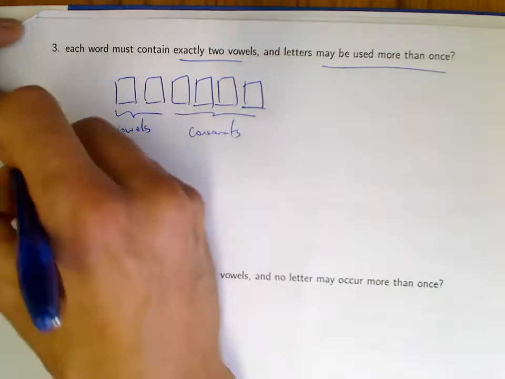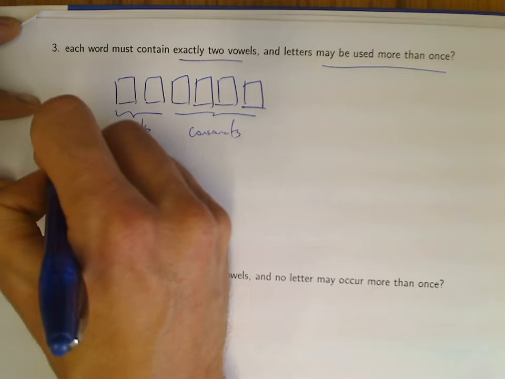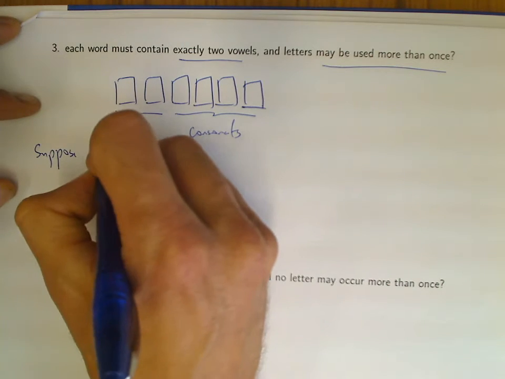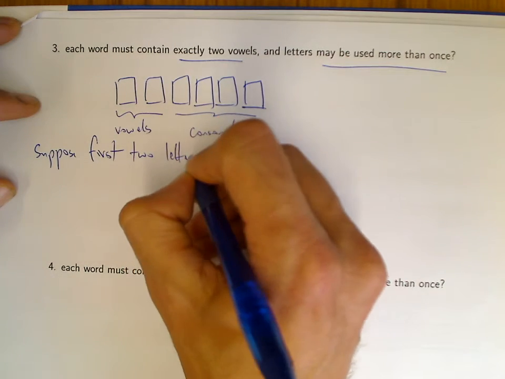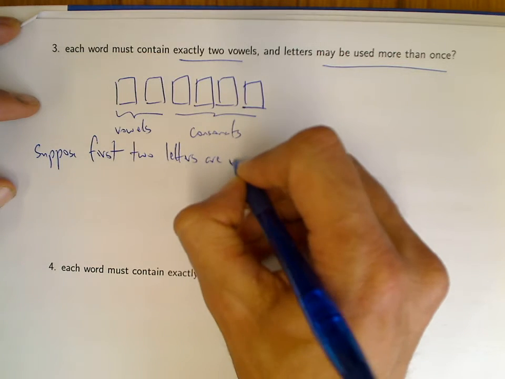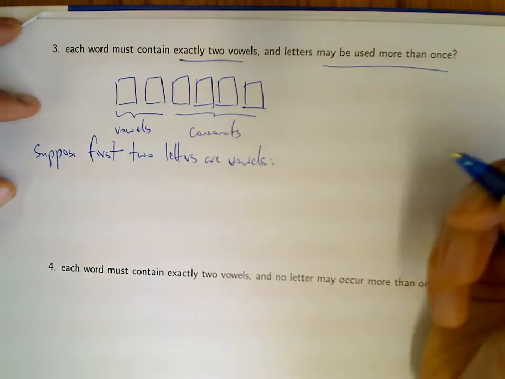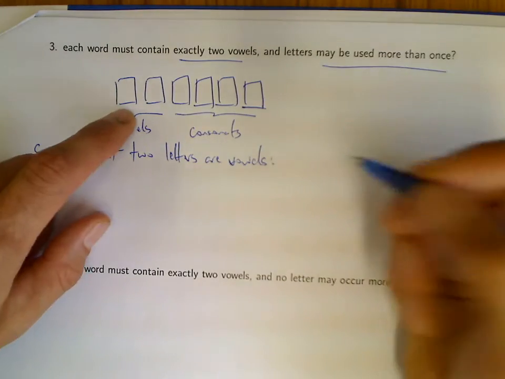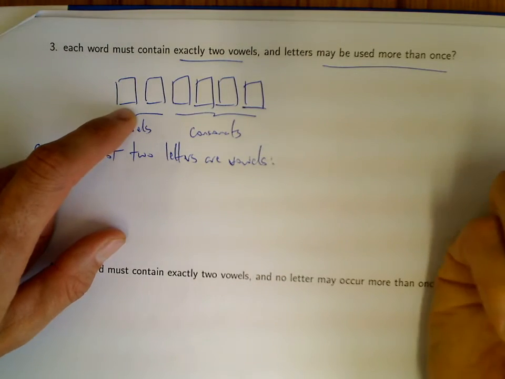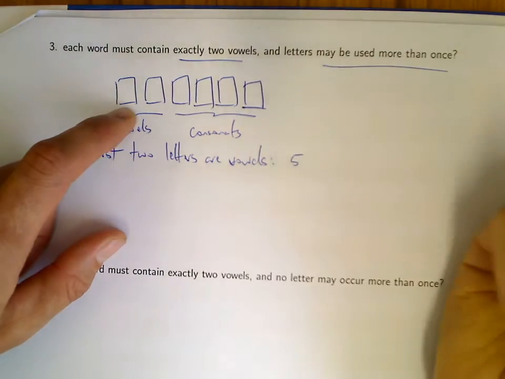So let's suppose the first 2 letters are vowels. Well, if I do that, I've got 5 vowels, so I've got 5 choices for what I put in this first one.